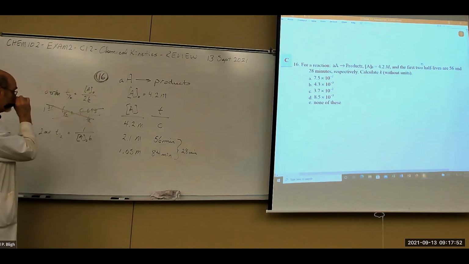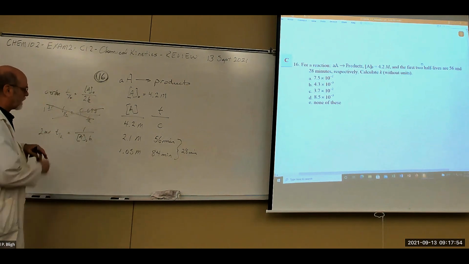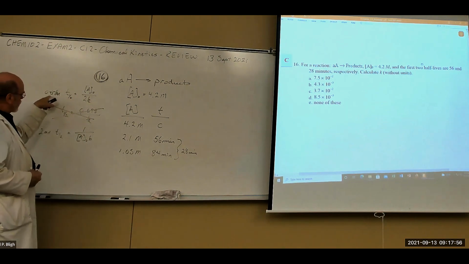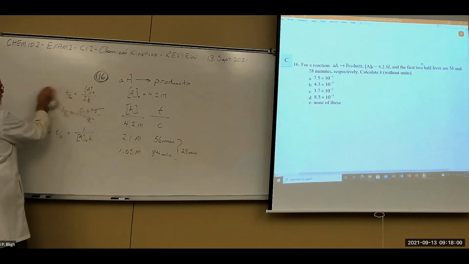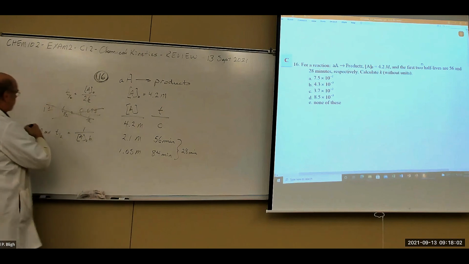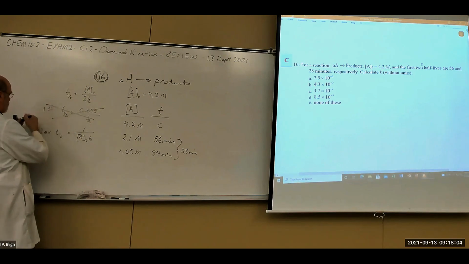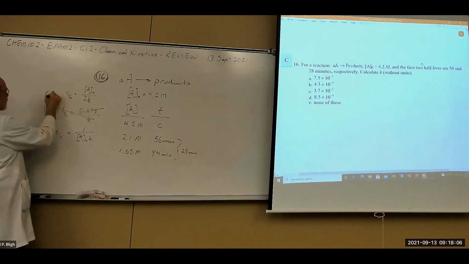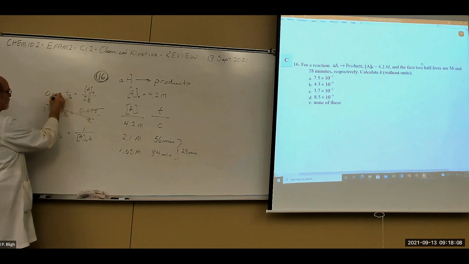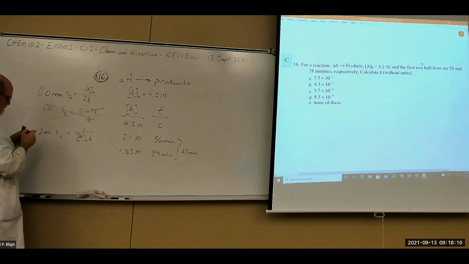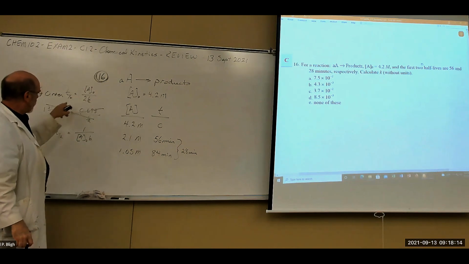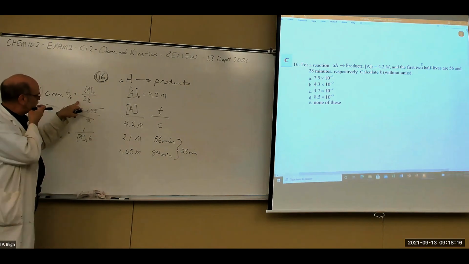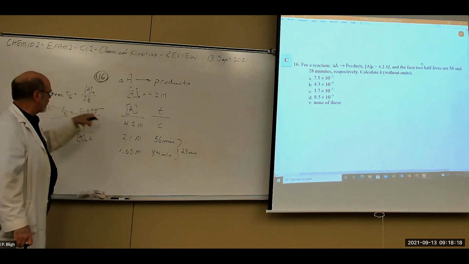So now what we do is we say, all right, let's assume it's zero order. That's a mess right there, isn't it? Let's take this one and determine K with each of these half-lives.